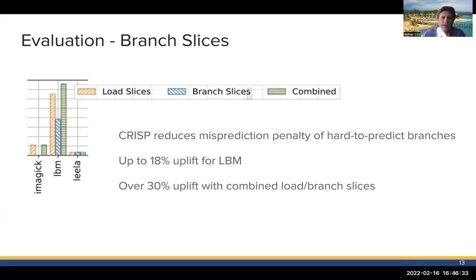As a result, these branches do not become easier to predict. However, we can resolve them faster, and as a result, we reduce the misprediction penalty induced by those hard-to-predict branches. This alone provides an 18% uplift, for instance, for LBM, as shown here by the blue bar. And when combined with critical load slices, this even improves performance by over 30% over the out-of-order baseline.